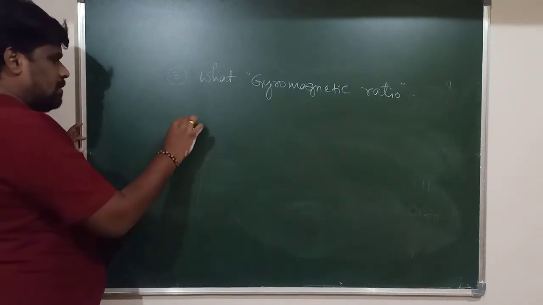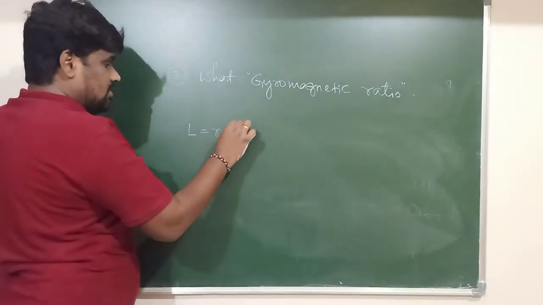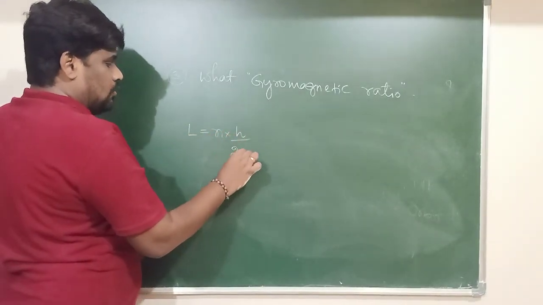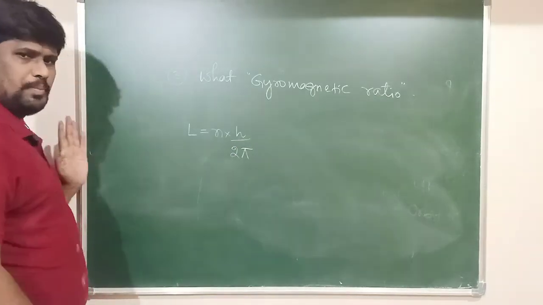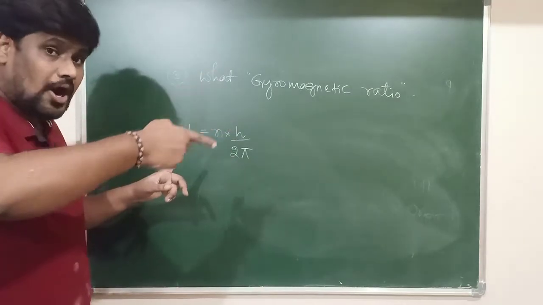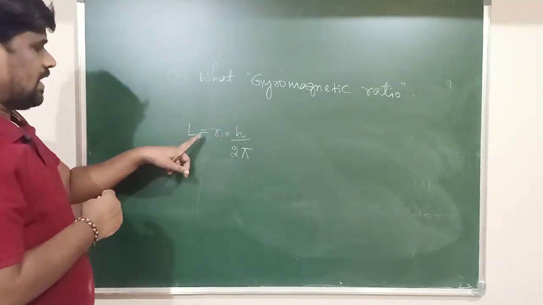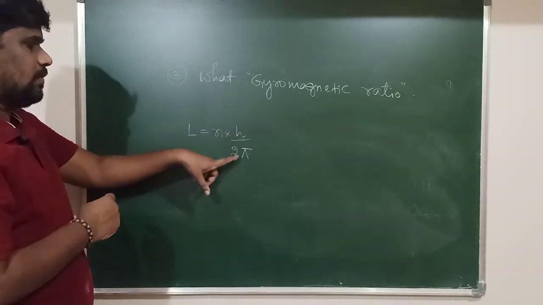According to Bohr's atomic model, the angular momentum of the revolving electron is given by n times h divided by 2 pi. The angular momentum of the electron in an orbit at which the electron is revolving is given by L equals n times h divided by 2 pi.